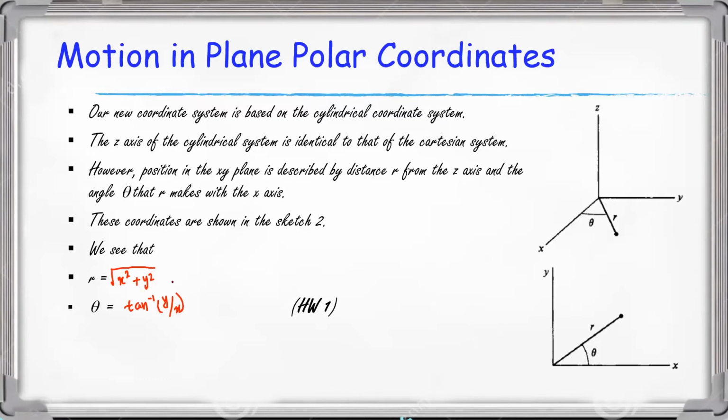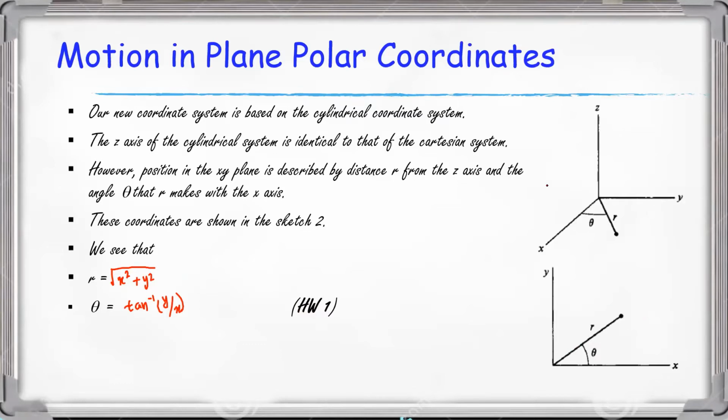Okay, this is your first homework from this session. You should prove r is equal to root of x square plus y square and theta is equal to tan inverse y by x from this given figure.